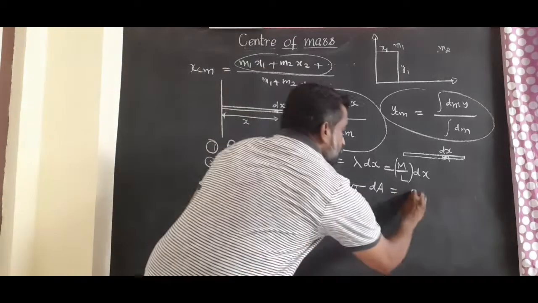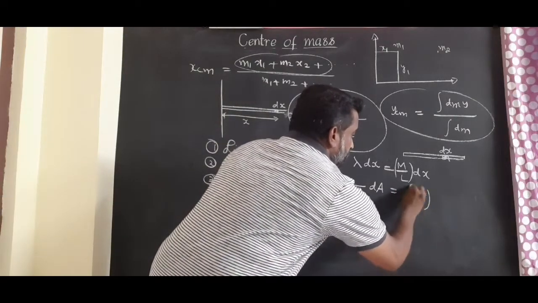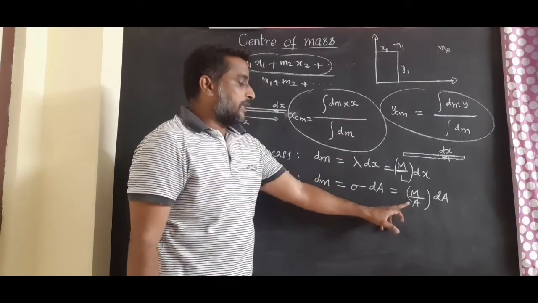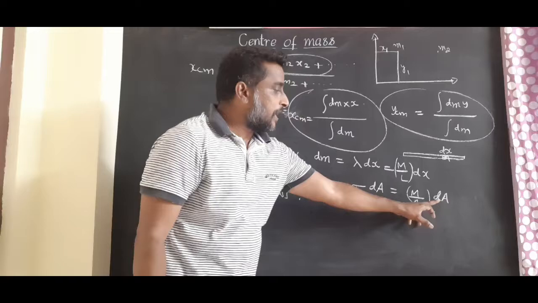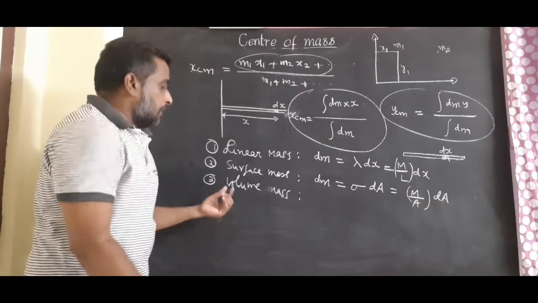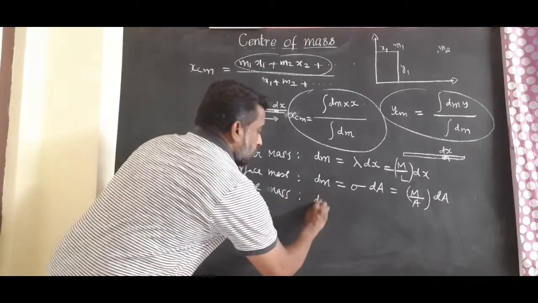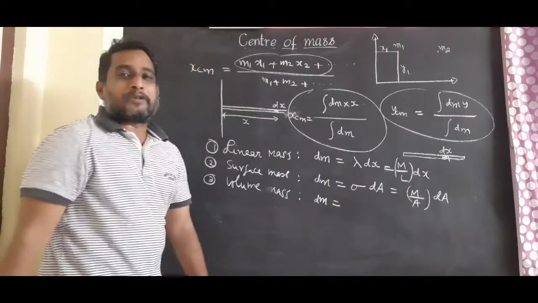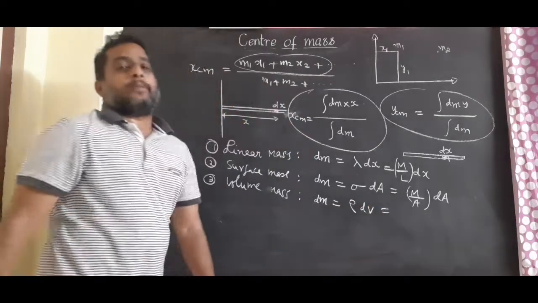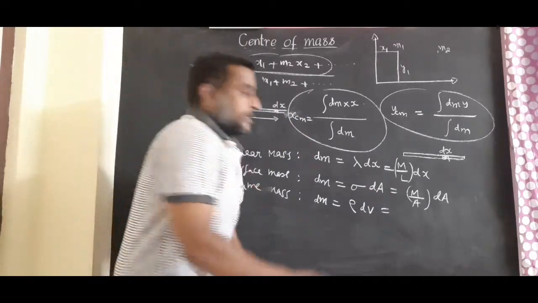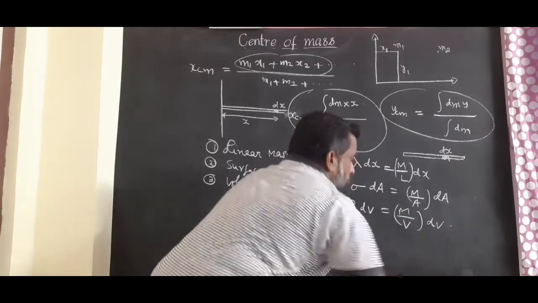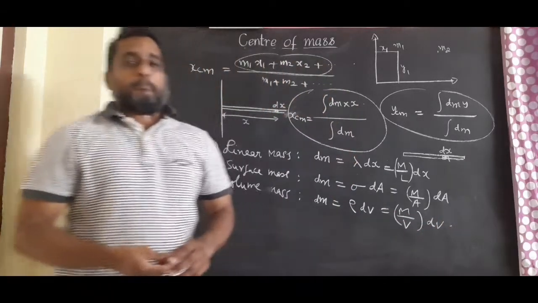Surface density is nothing but mass per unit area, into dA: mass of the body divided by area, into area of the element we are constructing. Similarly, in case of volume mass distribution, mass of an element will be given by density rho into volume of the element. Density is nothing but mass by volume, into volume of the element.